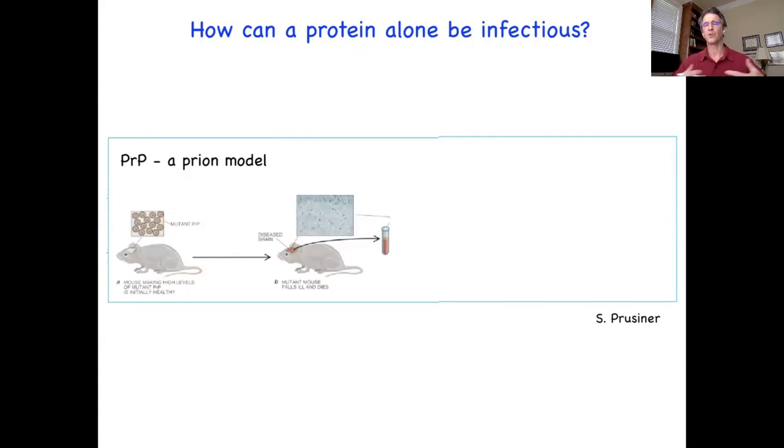And the tissue starts to look like a sponge, which is how these diseases got their name, so-called spongiform encephalopathies.